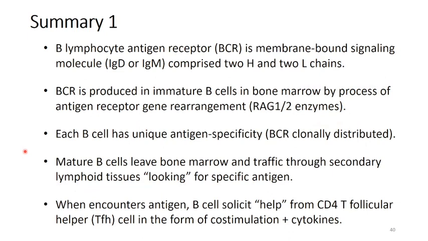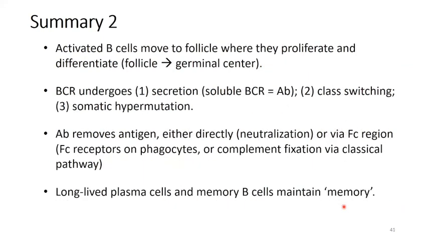So these receptors are called clonally distributed. And once they've acquired the B cell receptor, they undergo trafficking throughout the secondary lymphoid tissues, hunting for antigen. And most of them never even encounter antigen. But when they do, they solicit help from these very specialized T cells called T follicular helper cells. And that help is provided in the form of co-stimulation and cytokines.